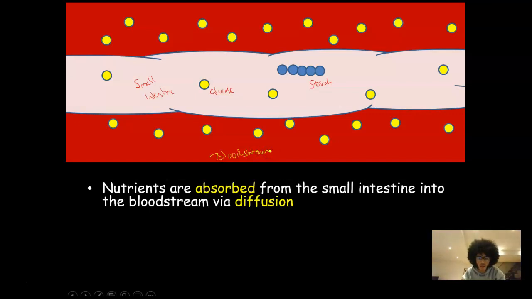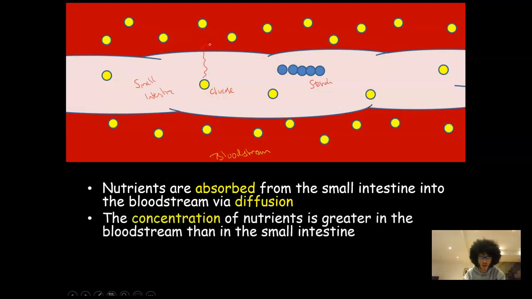Now these nutrients are absorbed from the small intestine into the bloodstream via diffusion. So these food molecules you can see here will eventually move from where they currently are and move out into the bloodstream like so. Now, you'll notice the concentration of the nutrients is greater in the bloodstream than in the small intestine.